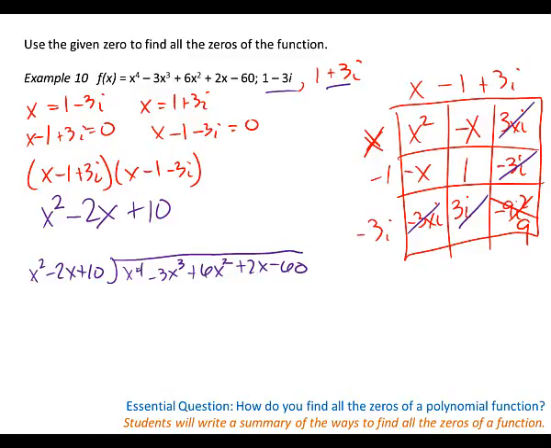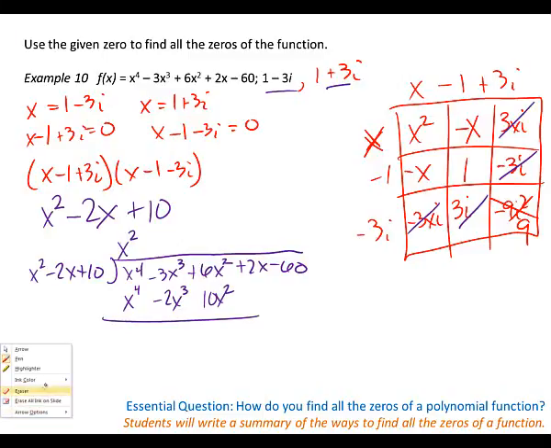All right, so let's see what happens. So x squared goes into x to the fourth how many times? X squared. Good. So now you're going to distribute this through. So x squared times x squared is? X to the fourth. Good. X squared times negative 2x? Negative 2x cubed. Good. X squared times 10? Plus 10x squared. Good. What are we supposed to do to the signs?